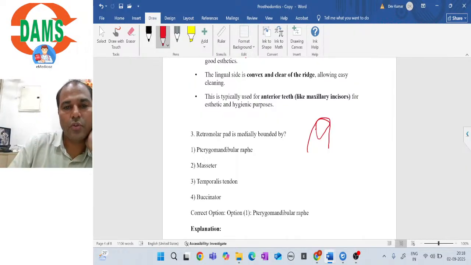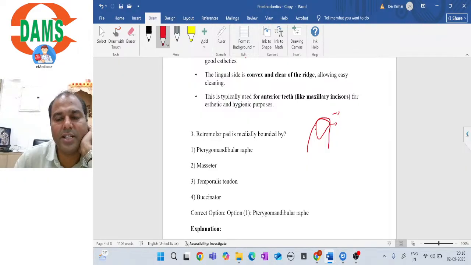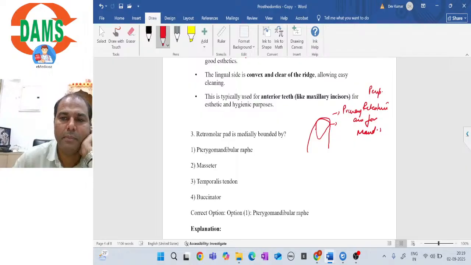Okay, mind you, this is definitely a primary retentive area for the mandibular denture, and we can also say primary peripheral seal area of the mandibular denture.